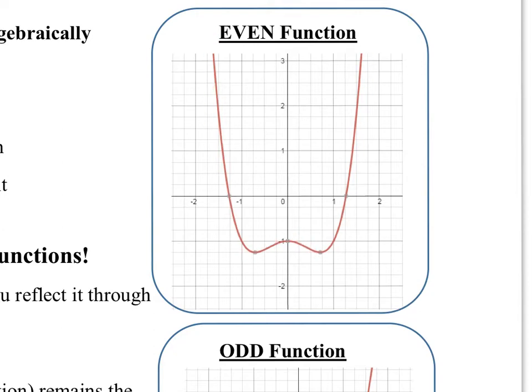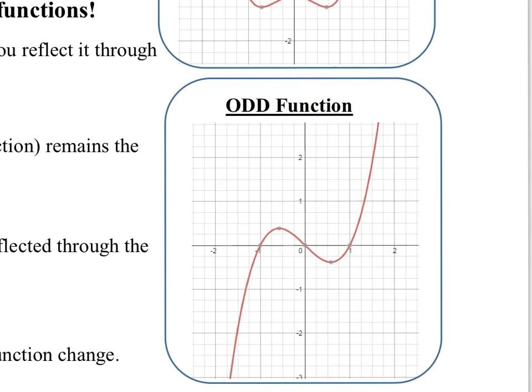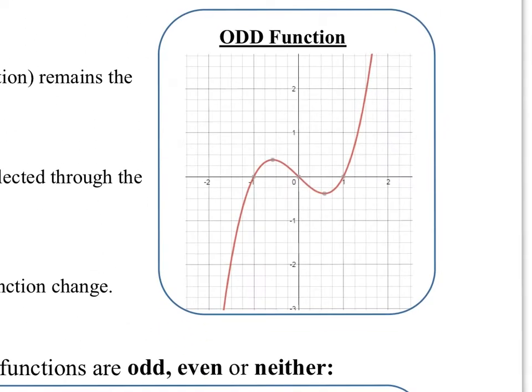That's an even function. An odd function is when you reflect it through the origin. When you reflect something through the origin, it looks like this: it starts down from infinity, a little bump there, and goes up.